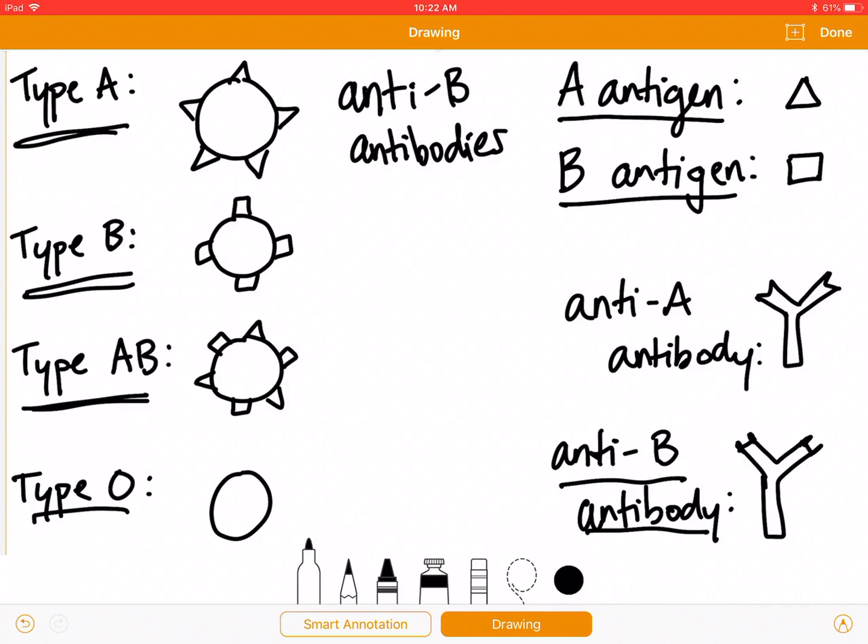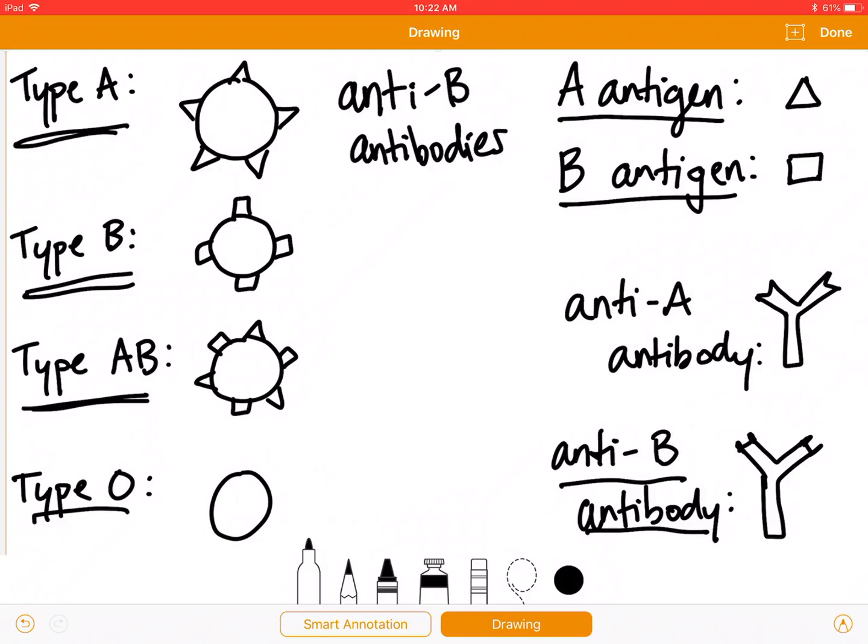So if this antibody comes into contact with that B antigen, it would bind to it and cause agglutination or clumping in the blood, which is why type A blood types cannot receive blood from people who are type B blood type, because they have the anti-B antibodies that would bind to those B antigens on those red blood cells and would cause agglutination or clumping in the blood, which could eventually cause a transfusion reaction and kill that individual.